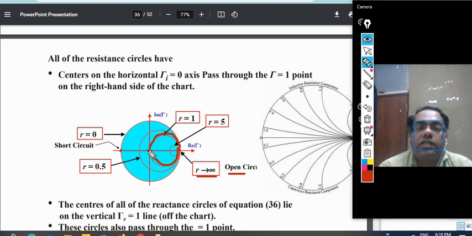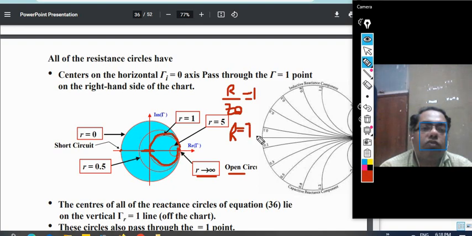R means normalized. Here it is written with small r. So resistance is normalized with respect to Z0. Now Z0 is real for a lossless line. R equal to 1 means R is equal to Z0.